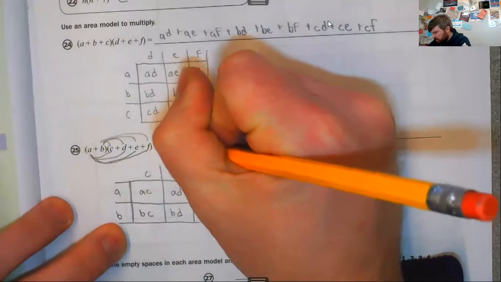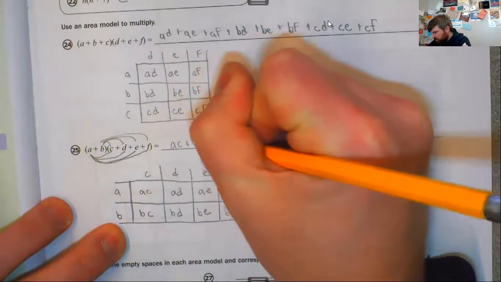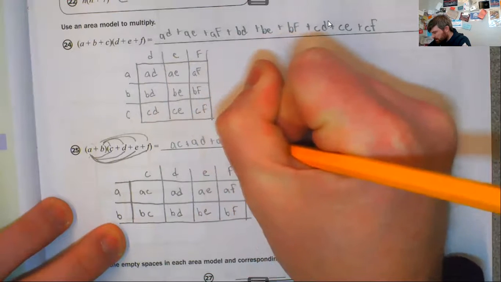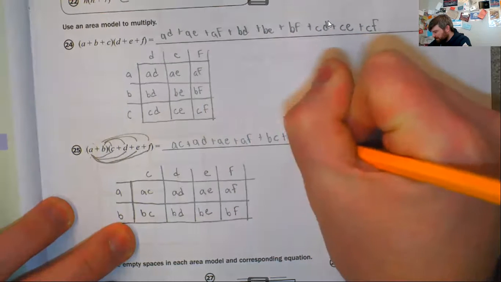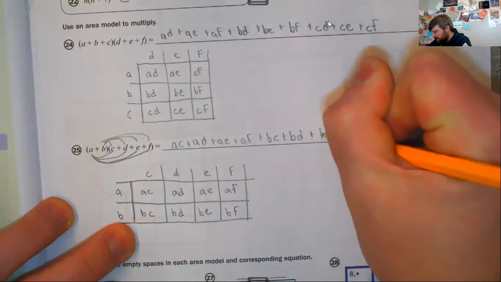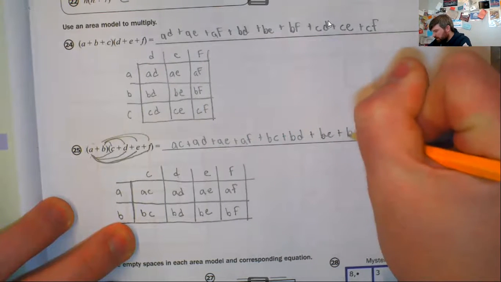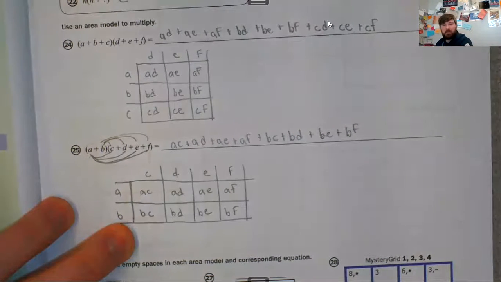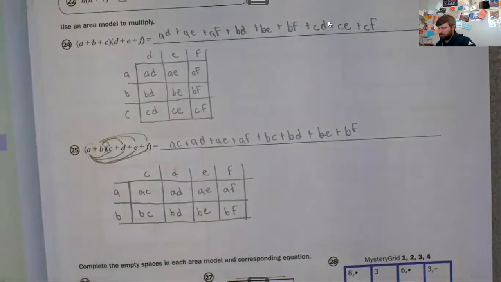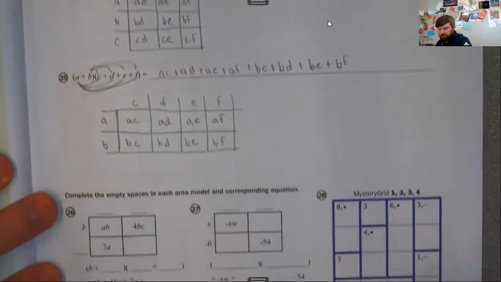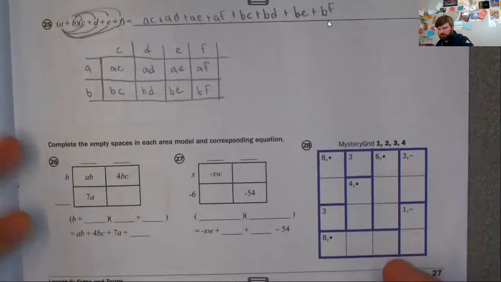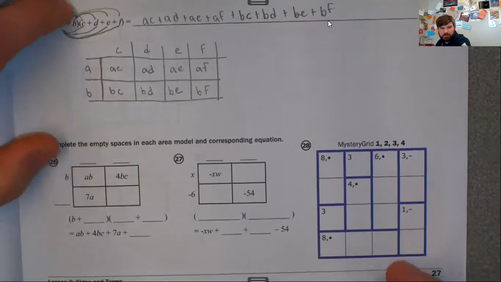So AC plus AD plus AE plus AF plus BC plus BD plus BE plus BF. Okay. If you have like terms, which we're going to be getting into in the next lesson, you would add those together. Okay, you would combine those. We saw those a little bit on the last page.